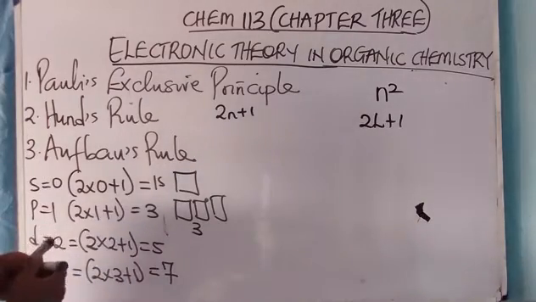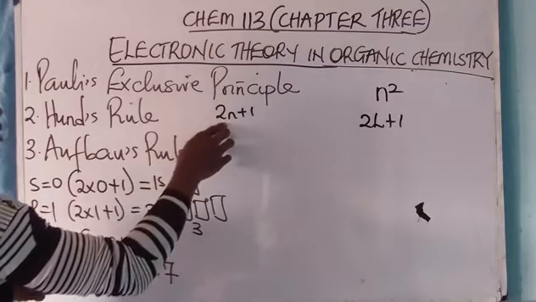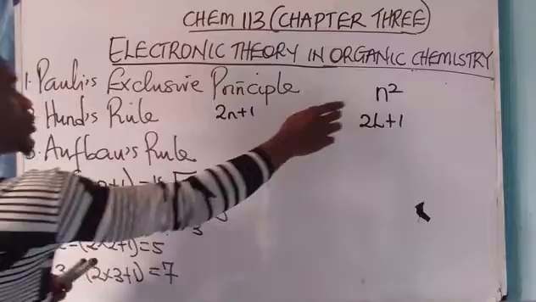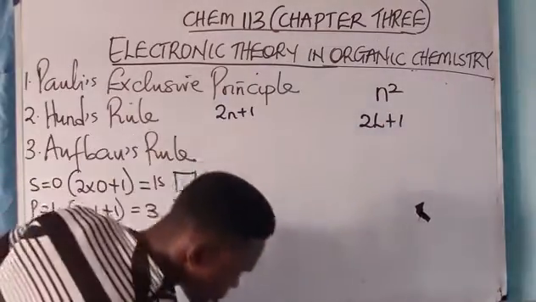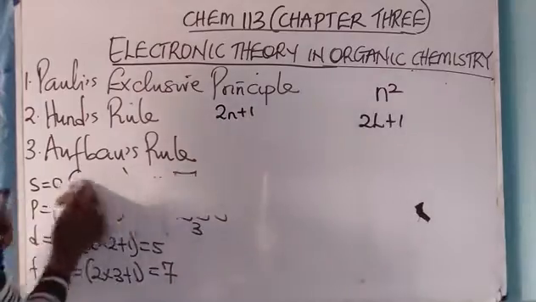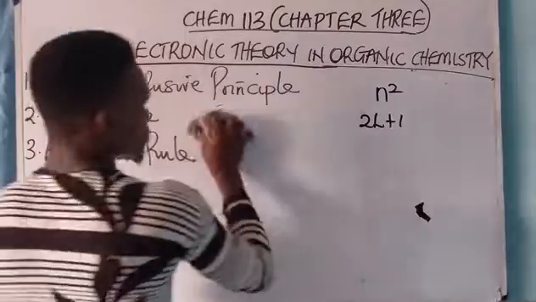Is that correct? Okay, no, we use n squared. Since we've established this fact, let me now use these rules to explain something.